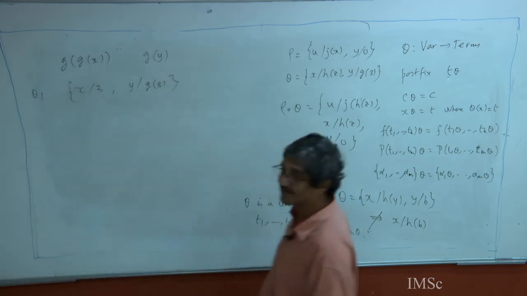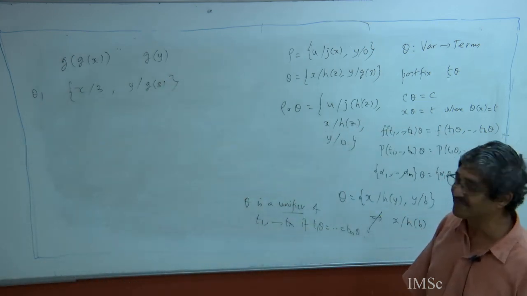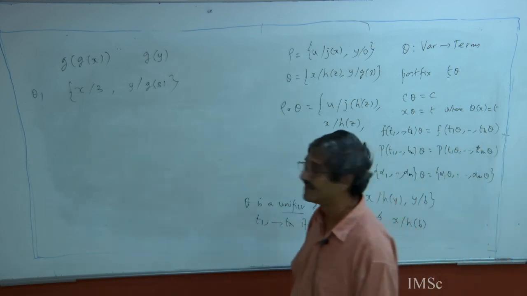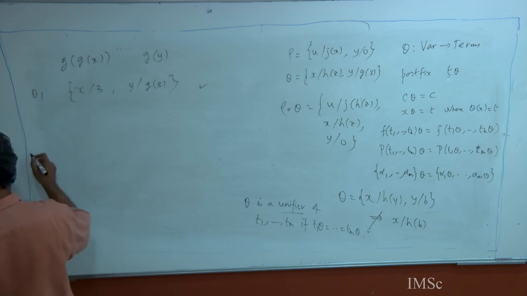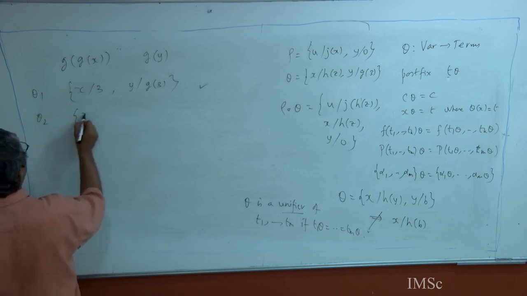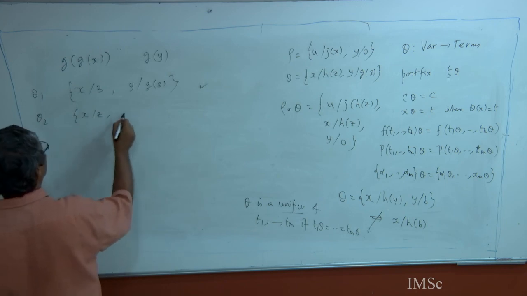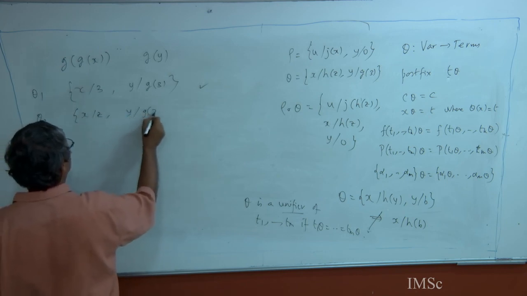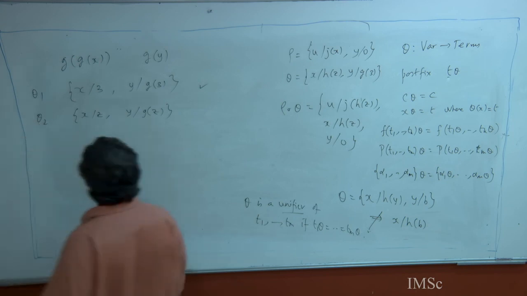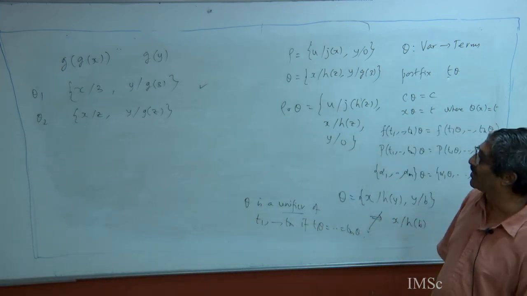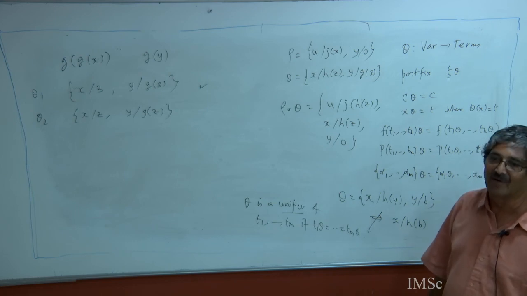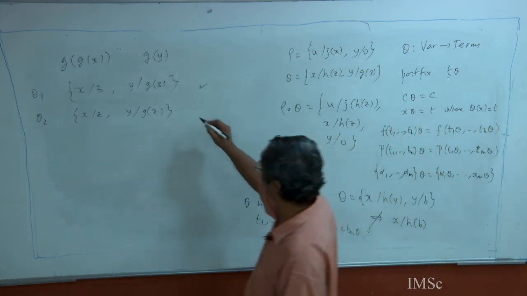This is a unifier because I'll get g of 3. This is one unifier. Here is another unifier: I replace x by z and y by g of z, and I get a common instance g of z. So this is also a unifier.